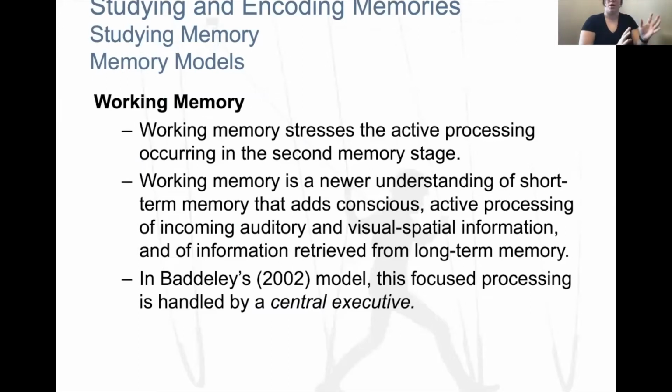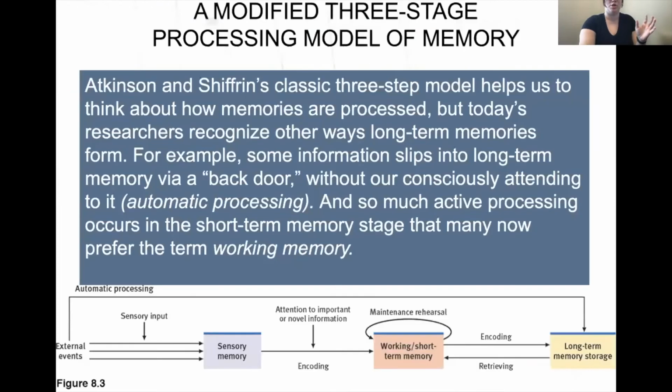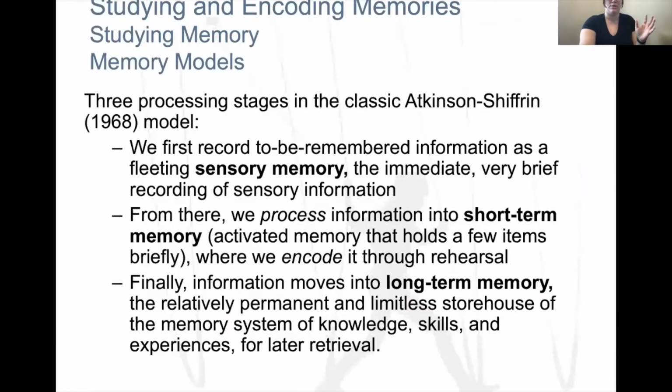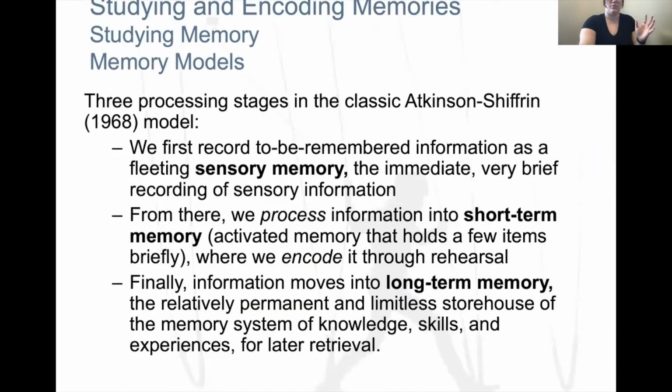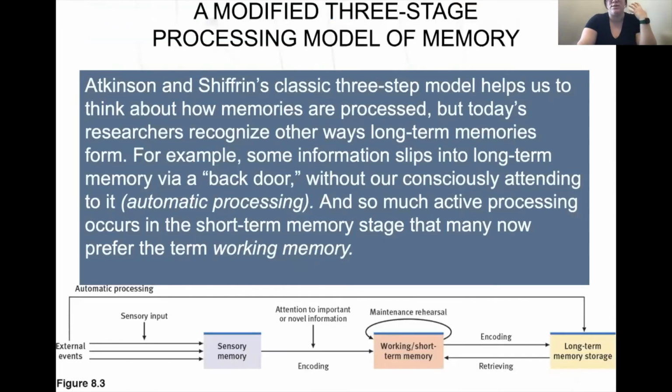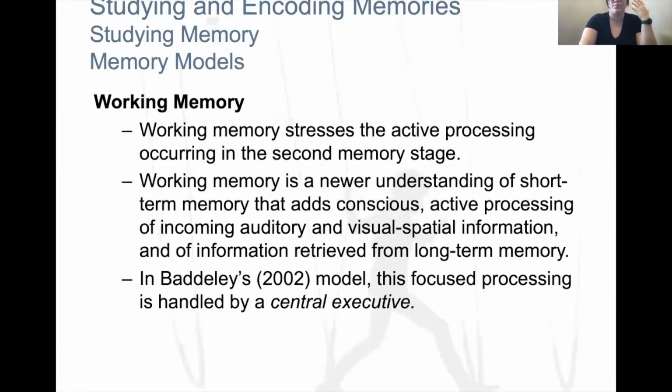So the previous model, when we were just talking about short-term memory, did not take into account information that we already knew, right? We don't just take in new information and not make connections to things we already know. So working memory pulls in our consciousness about the information we're bringing in.